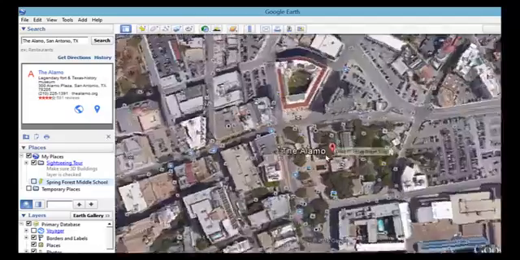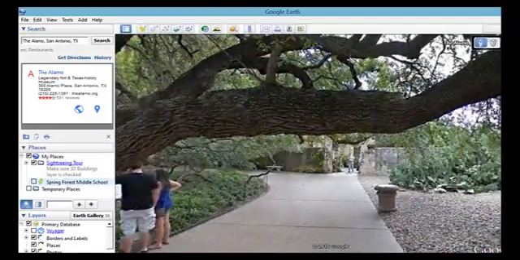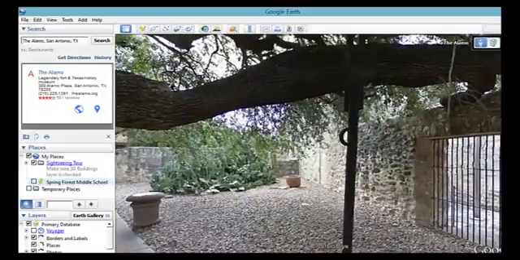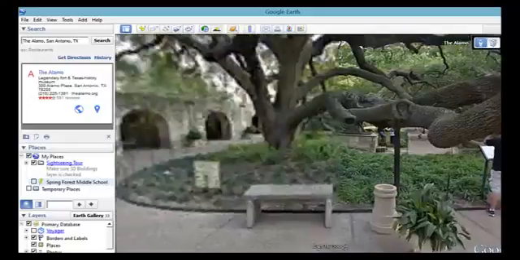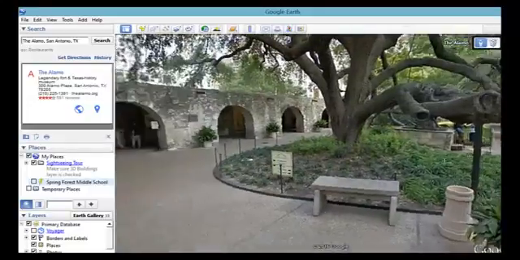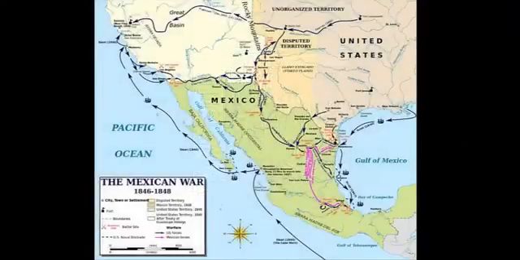The Alamo is a very important historical site because of what it meant for what happened in the world, and it positioned the United States in a way that made the United States more of a world power eventually.